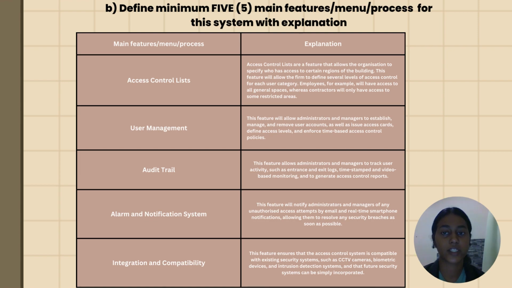These further ensure that the access control system is compatible with other security systems such as CCTV cameras, biometric devices, and intrusion detection systems, and that further security systems can be simply incorporated.